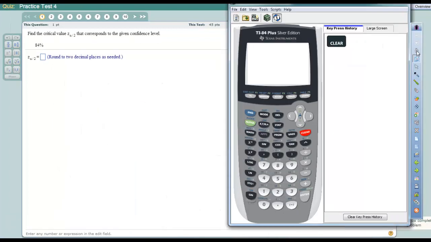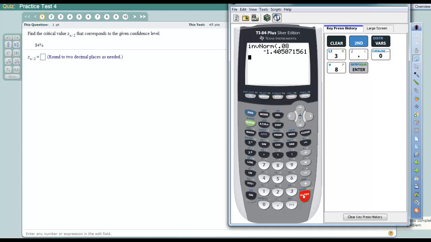So we get negative 1.40, or rather, negative 1.41 would be the correct answer for the critical values.